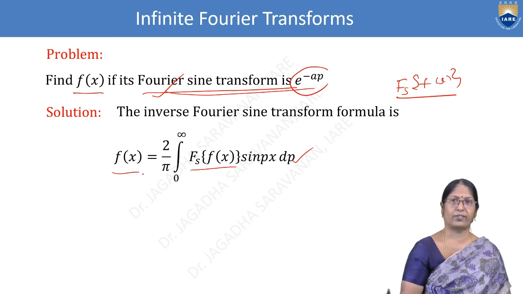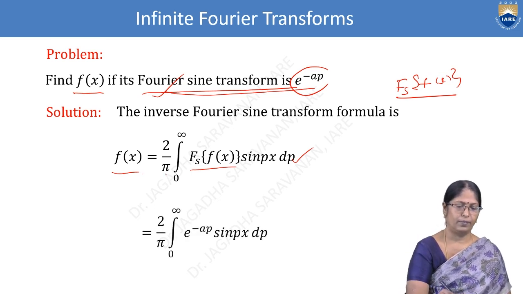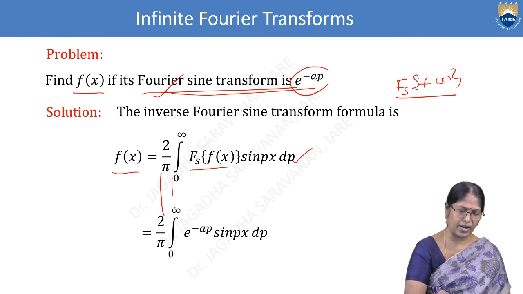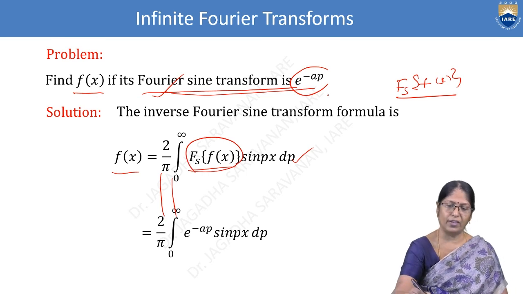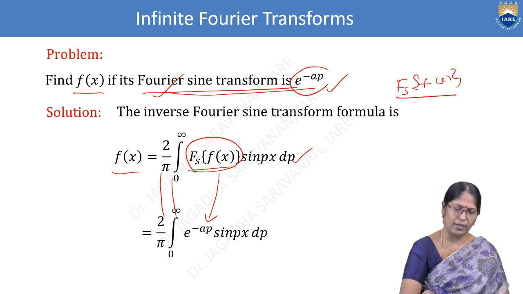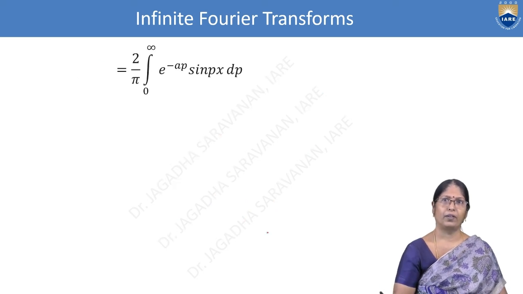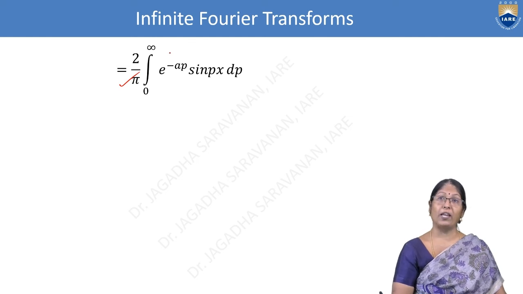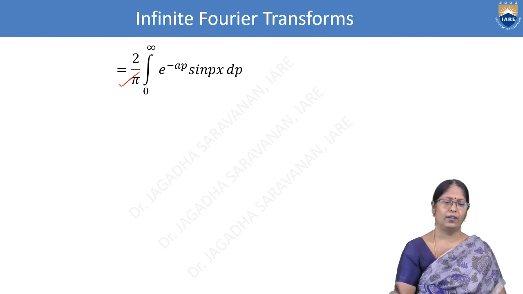So f of x we have to find as 2 by pi integral as it is. Fs of f of x is given in the question, it is replaced, that is e power minus ap sine px dp. Now 2 by pi e power minus ap sine px dp. This is the formula.